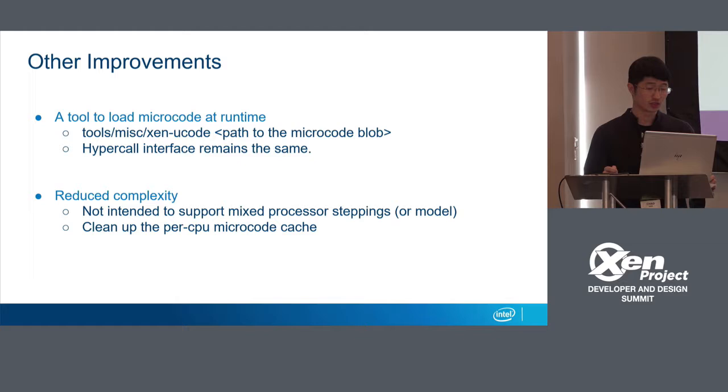We also reduce the complexity of microcode loading a lot. We do not intend to support mixed processor stepping or model, and we clean up the per-CPU microcode cache and instead use a global microcode cache.